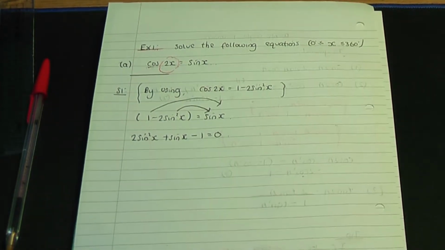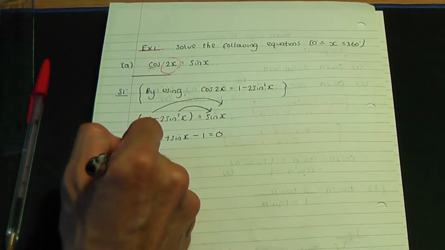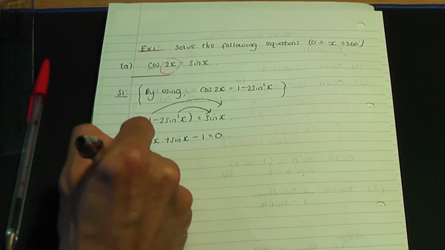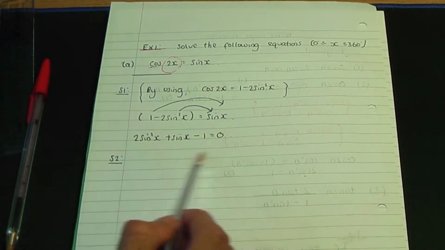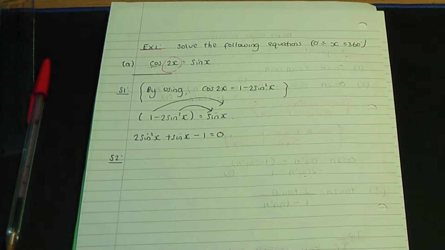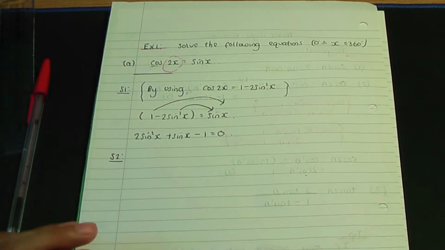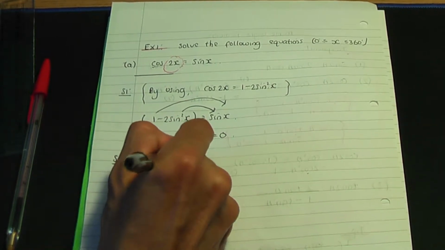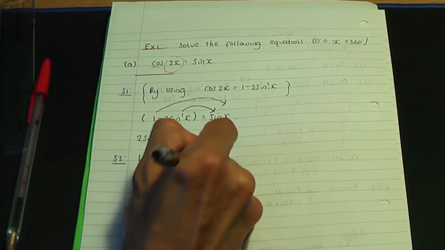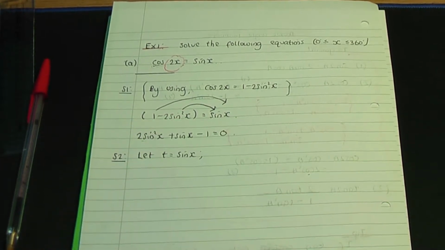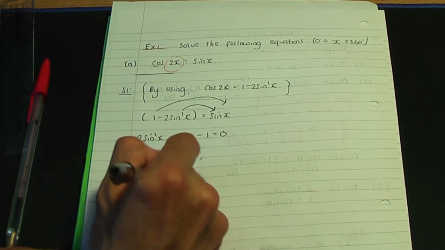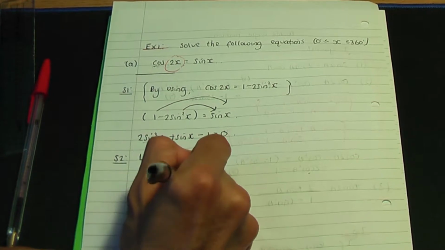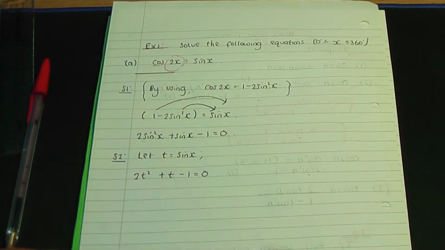Let me call that step number 1, so here's step number 2. Step number 1 is to create your quadratic. In step number 2, I usually let t equal sine x. So if I let t equal sine x, my quadratic will be of the form 2t squared plus t minus 1 is equal to 0.